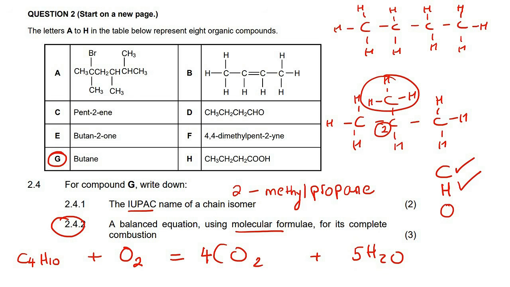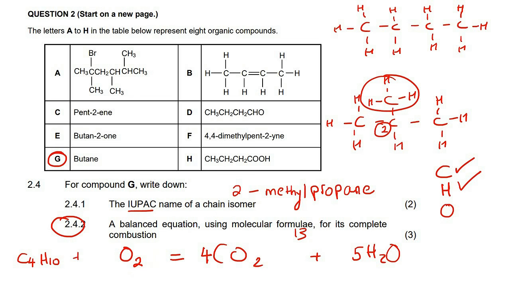Now do the oxygen. On this side there's 2. On this side there is 4 times 2, which is 8, plus 5 times 1, which is 5. So there are 13 oxygens on the right, and only 2 on the left.